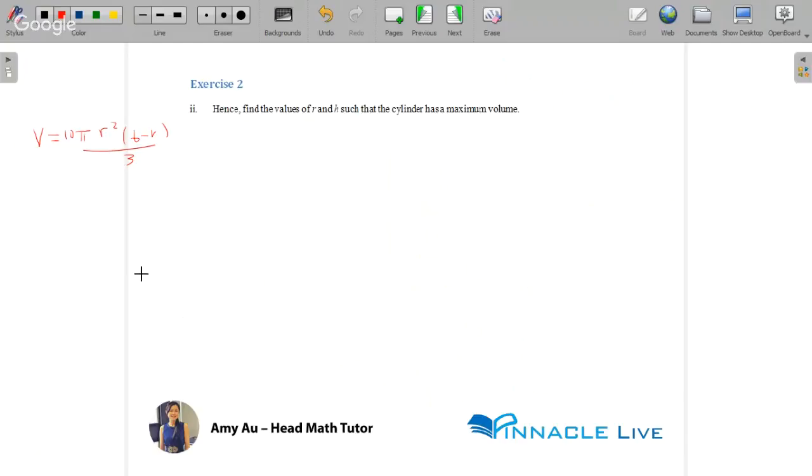Now, depending on how strong you are with your derivatives, you might want to just fully expand this and differentiate term by term. But I want to show you a very neat trick to keep the derivative quite clean and easy to work with.